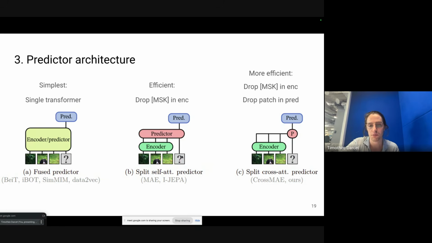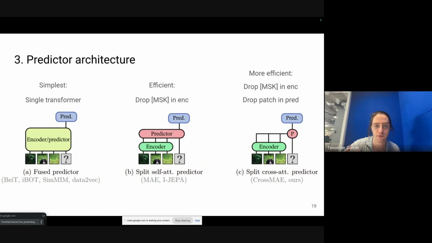In this diagram, it seems like there are not that many mask tokens, but here it is just 1 out of 4 tokens. But in MAE, it's actually 75% of tokens that are masked. And therefore, since the encoder is generally bigger than the predictor, you have a lot of efficiency gain by not having all the tokens go through the encoder. This is very efficient.